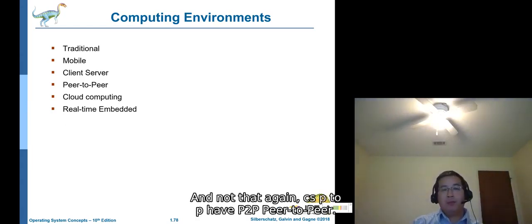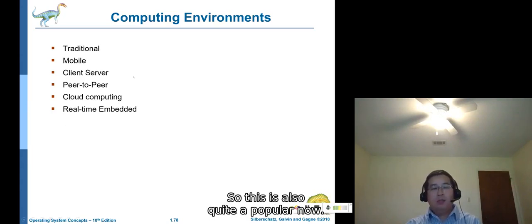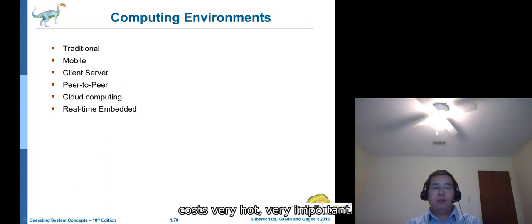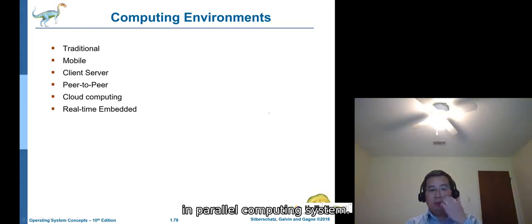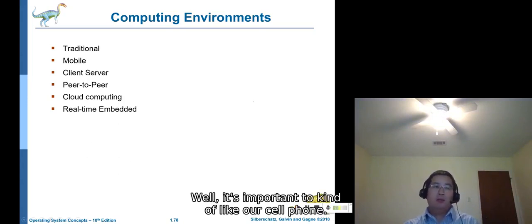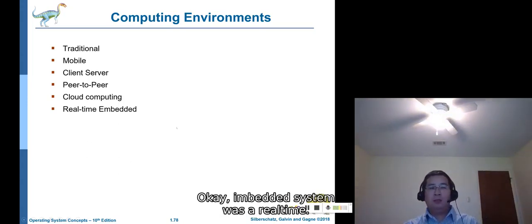Then P2P, peer-to-peer, which is also quite popular now. Cloud computing, of course, very hot and very important now. And then the real-time embedded computing system, also important, like our cell phone.